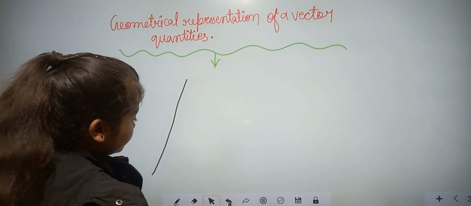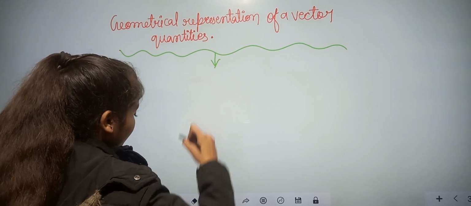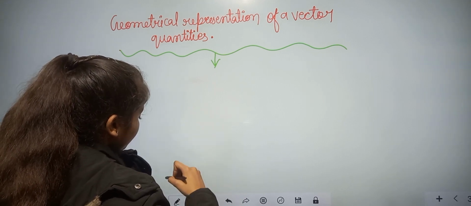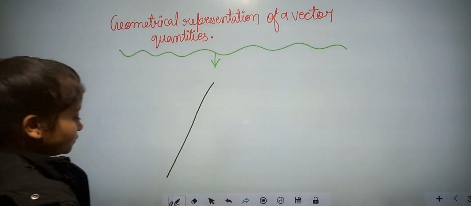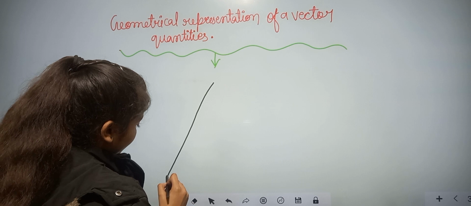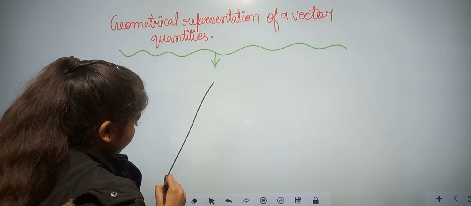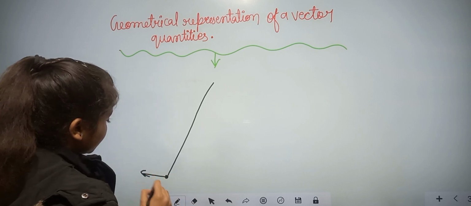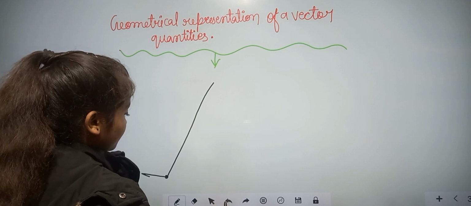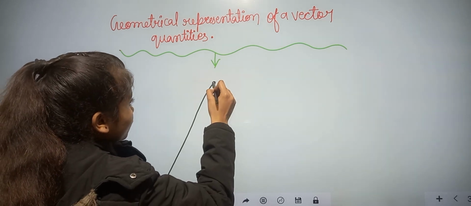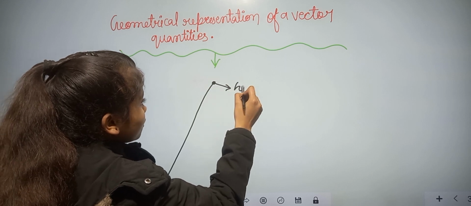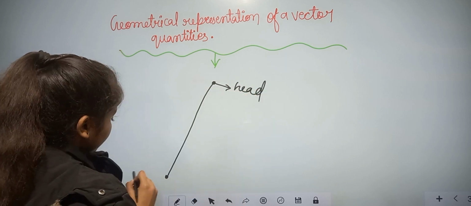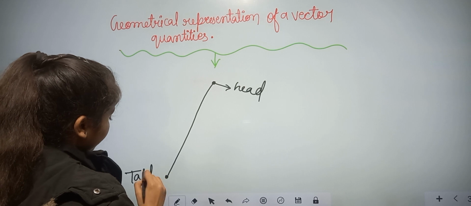So first of all we have to draw a line, okay, and from here we start the line. And here the line ends, okay. So this point is called head, and this point is called tail, okay.